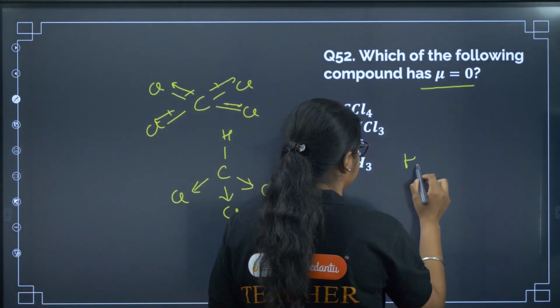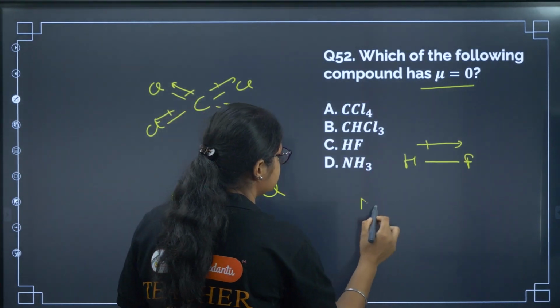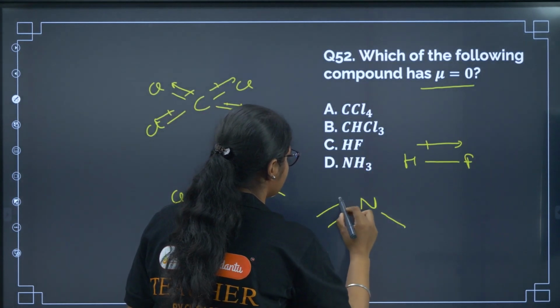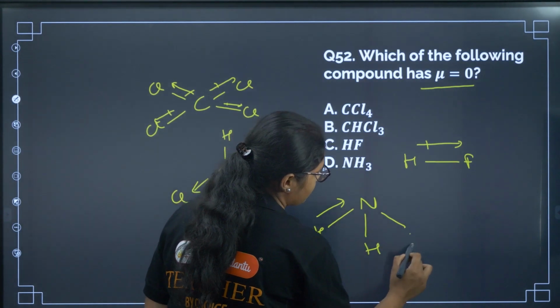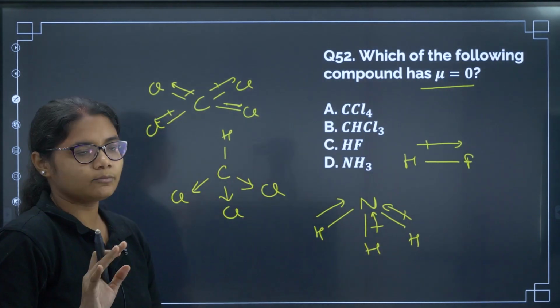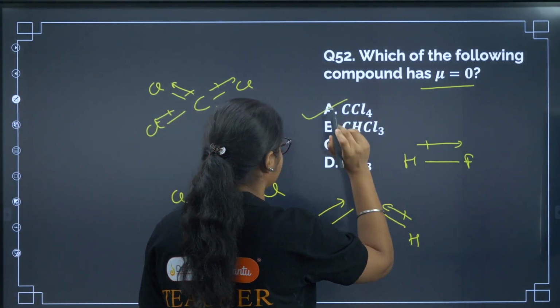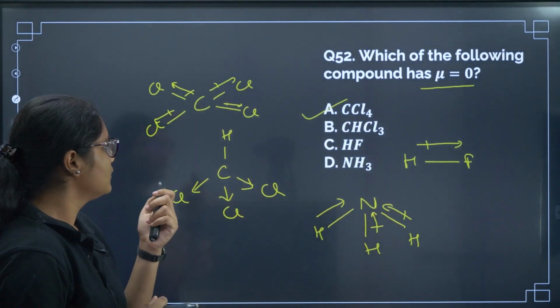In HF also, the dipole moment will be towards the fluorine. In NH3 also it is not cancelled because the dipole moments are towards nitrogen. So the net dipole moment is 0 in case of CCl4. So the correct answer for this question is option A.